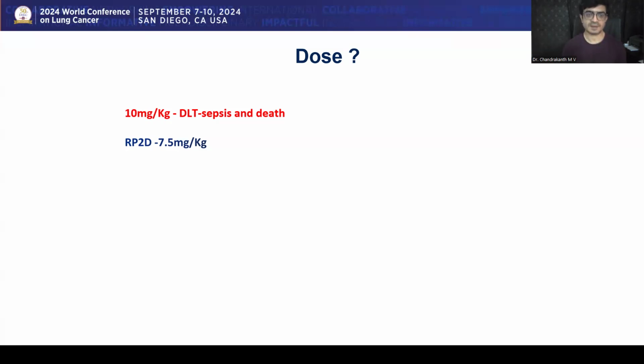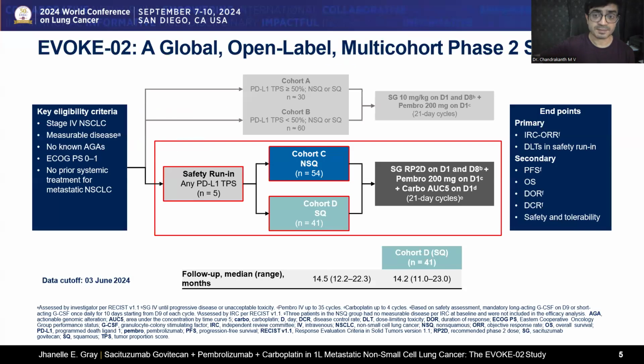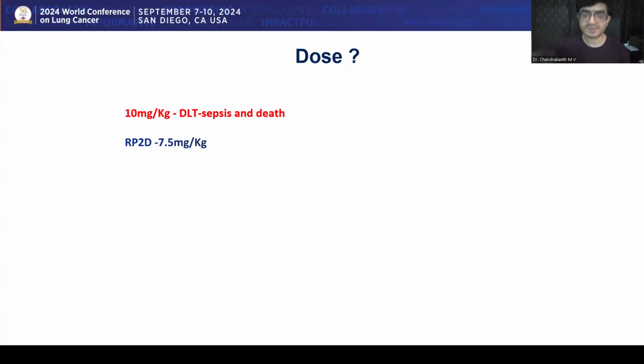Whereas if you have to combine with chemotherapy, just note the dose, day 1, day 8, every 21 days, it is 7.5 milligrams per kg because of the dose limiting toxicity with 10 milligrams per kg.